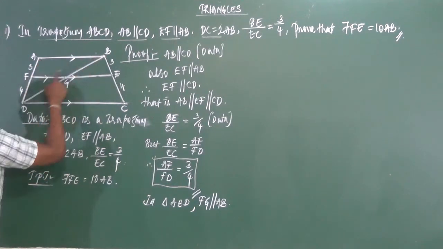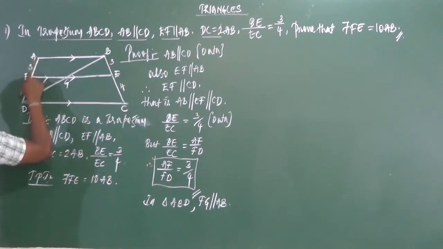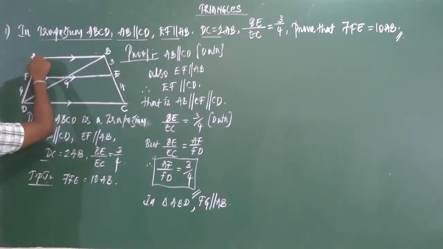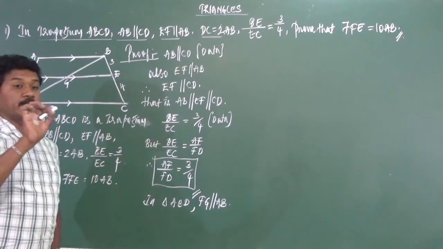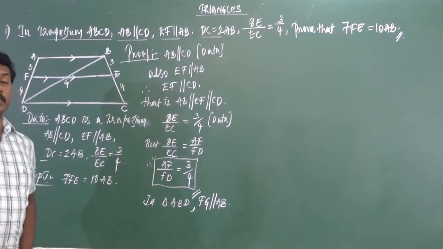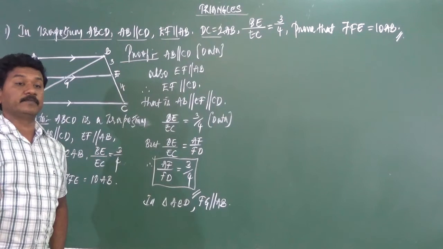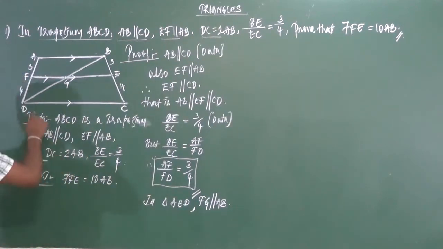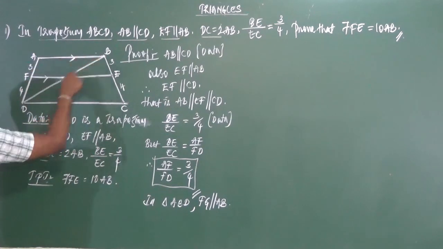That is, AB by FG is equal to DA by DA by FD. I am applying corollary 3. I hope you remember. When you draw a line parallel to a side of a triangle, the sides of the newly formed triangle will be proportional to the sides of the given triangle. Here, this will be the newly formed triangle and this will be the given triangle, the old triangle.